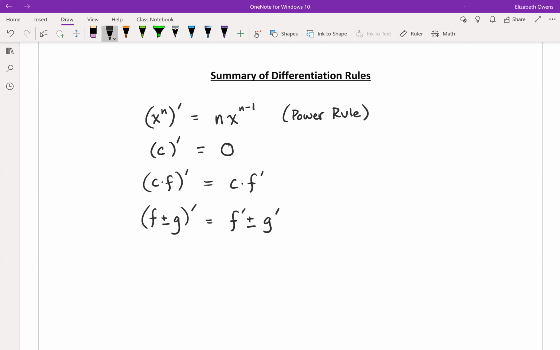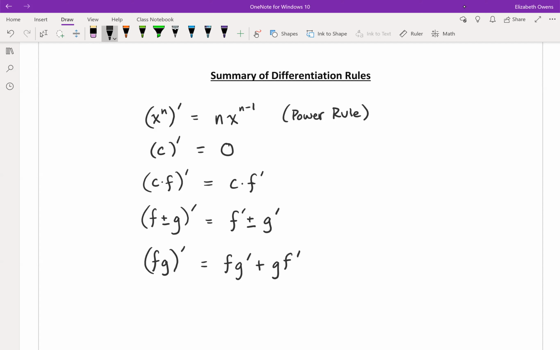And then we got 2 more big rules here. If you have the product of 2 functions, f times g, and you're taking the derivative of that, it's the first function times the derivative of the second plus the second function times the derivative of the first.